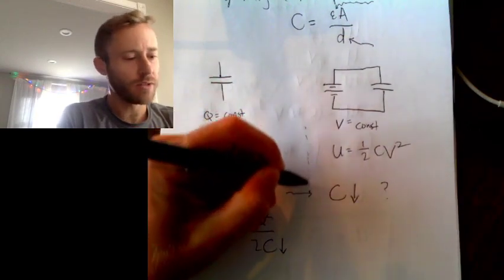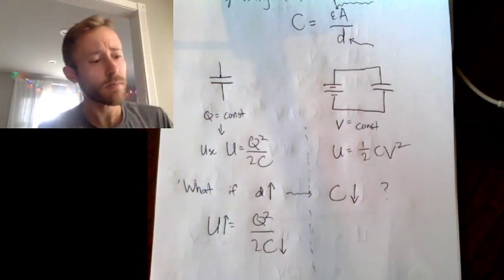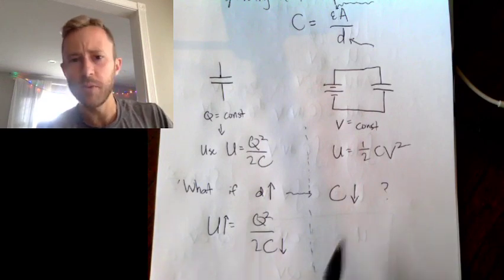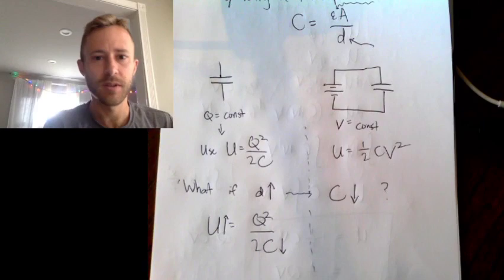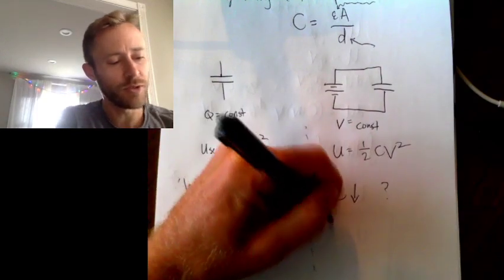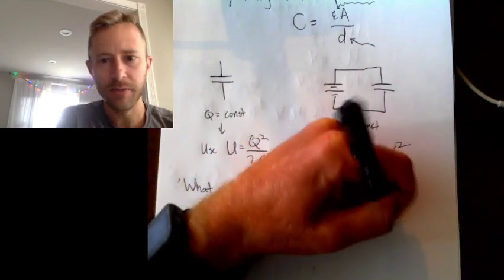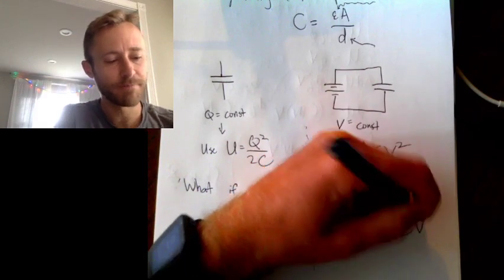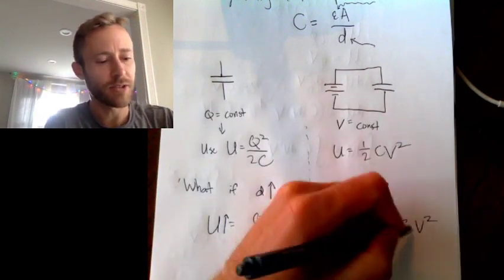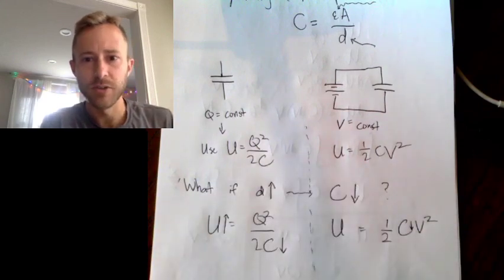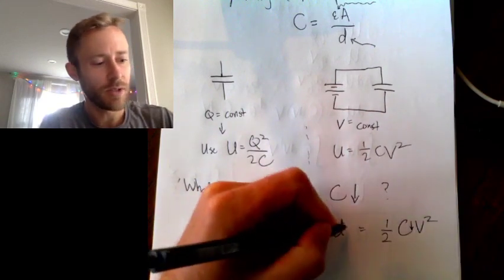Now the other scenario. What if we reduce the capacitance with a fixed voltage? Well, in that case, we would use U equals 1/2 CV squared. The capacitance goes down, so therefore the potential energy goes down.